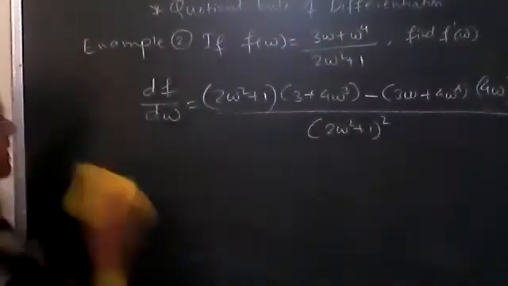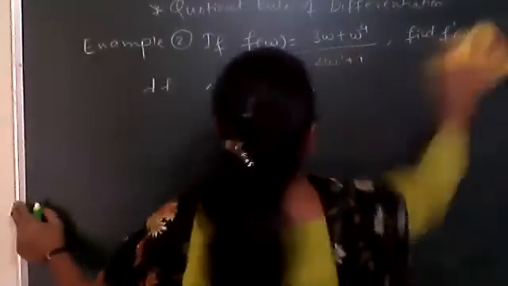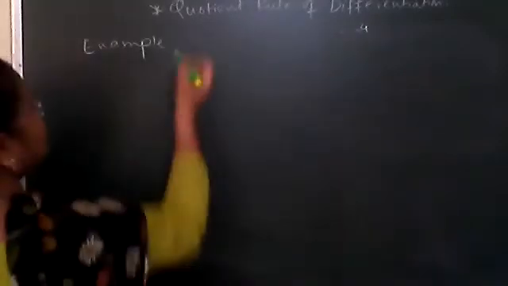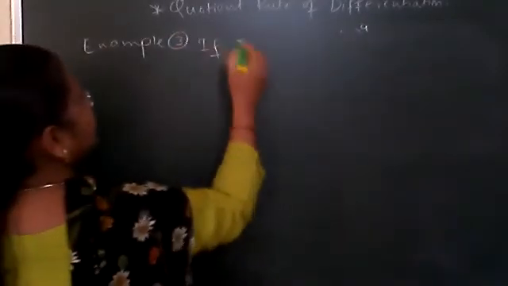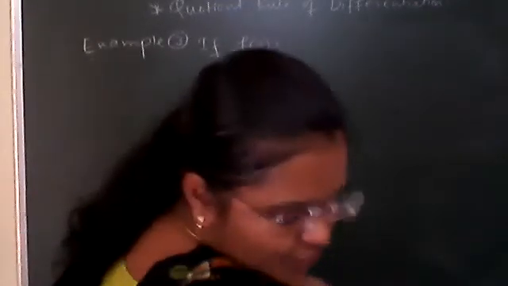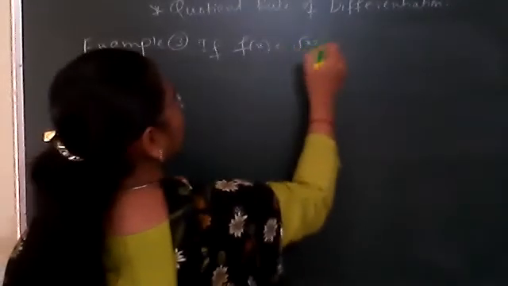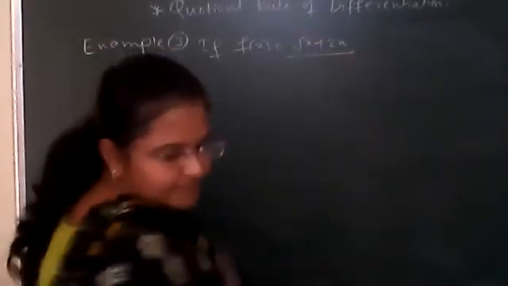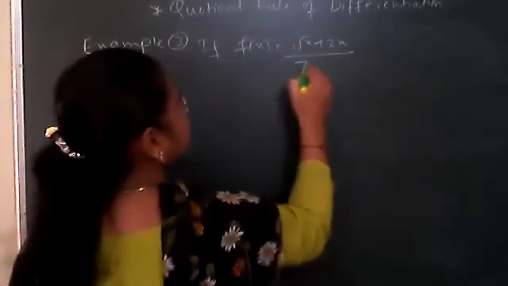Now root is there. The third example. Example number 3: if f of x equals to root x plus 2x upon 7x minus 4x square, then find derivative of f.